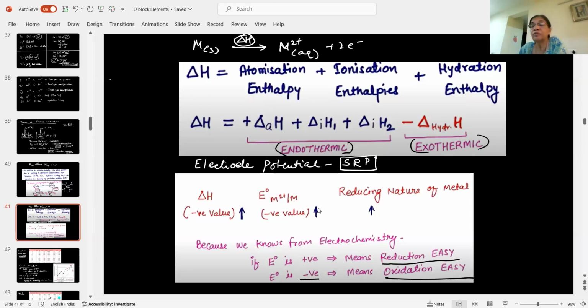And if the negative reduction potential is high, then the reducing nature of the metal will also be high. So all the metals which have high negative values, like sodium, lithium, potassium, are strong reducing agents.